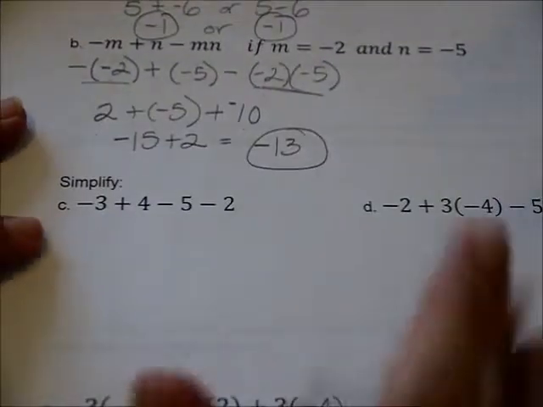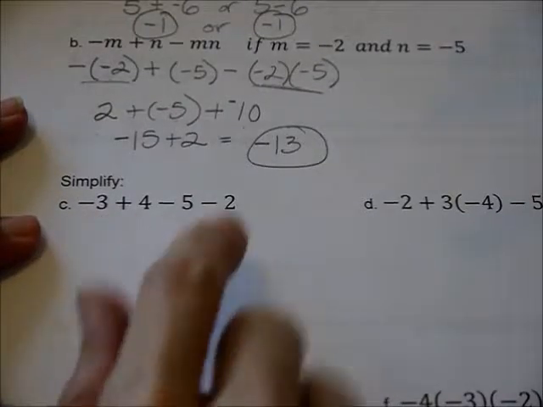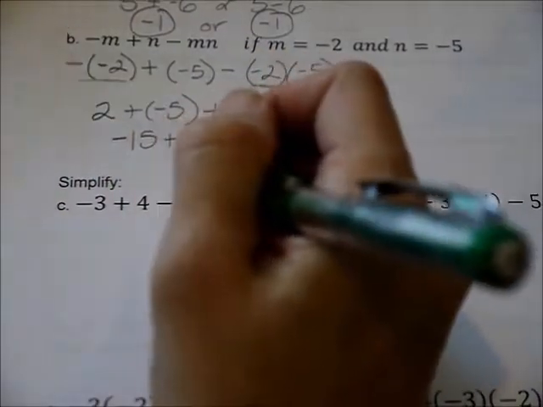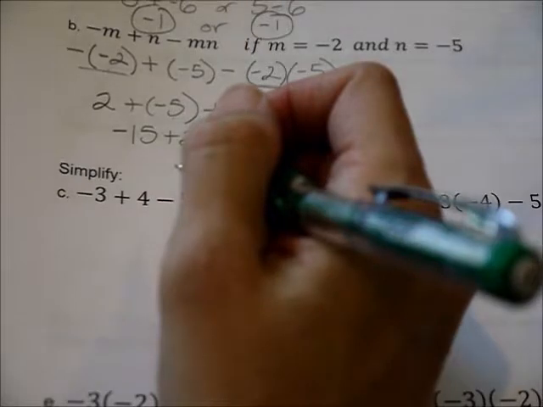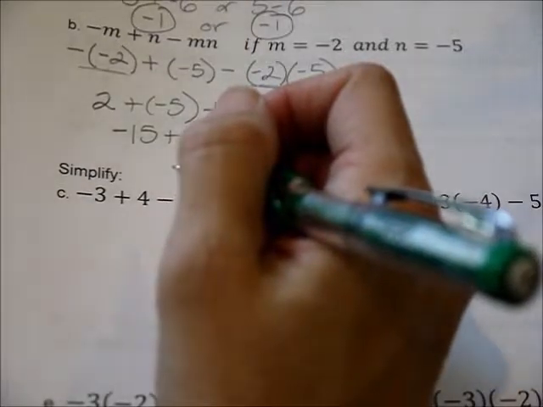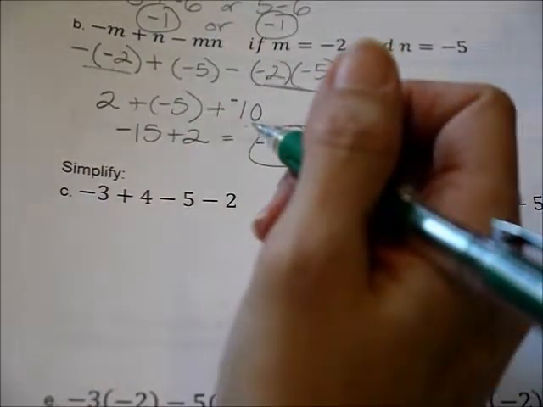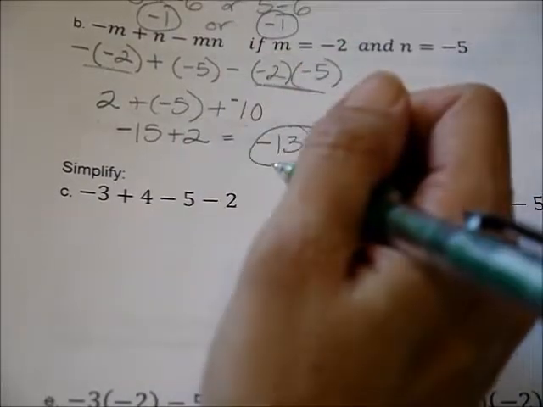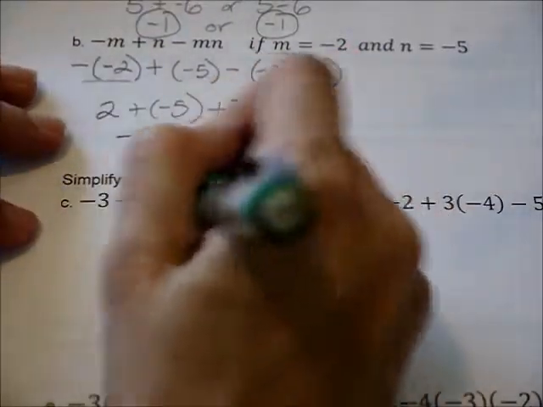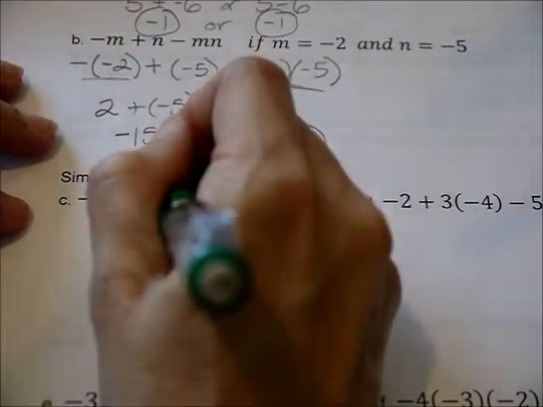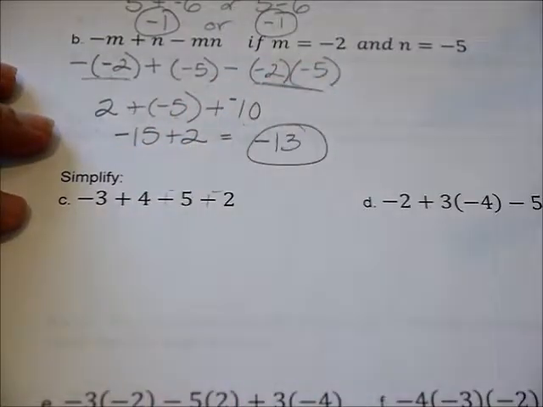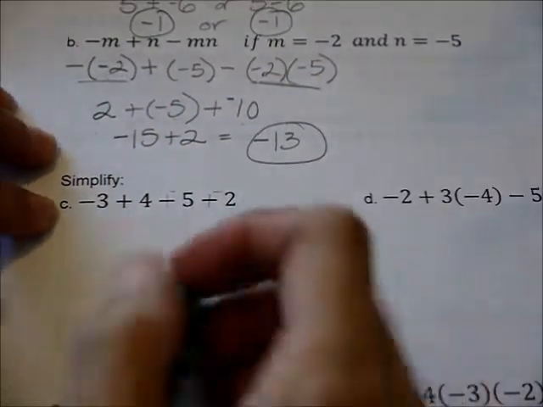Okay, moving on, I'm trying to think if the book wants you to fix that or change it so that you see the negatives or plus negative. You can, if you want, go plus negative and plus negative to give you the visual.